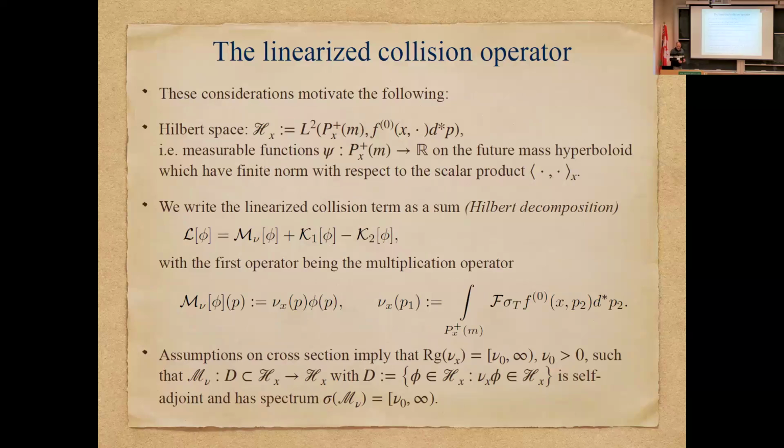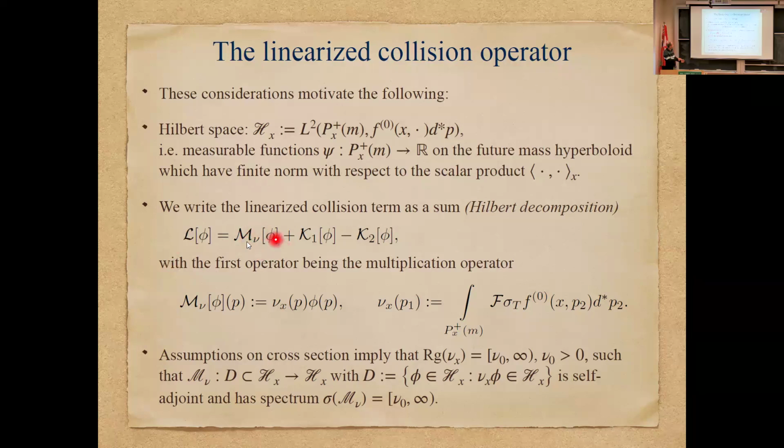Okay, and now you can formalize this a little bit more. So you introduce the Hilbert space. You fix an event x, and then you introduce this Hilbert space, which is an L2 over the future mass shell with this weight here, and then you write the linearized collision operator.